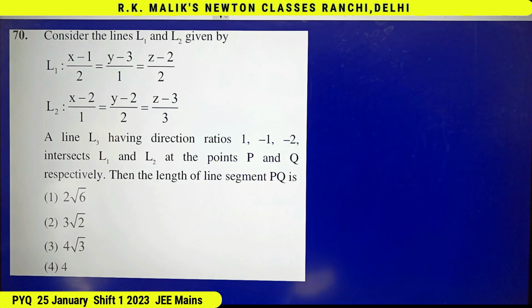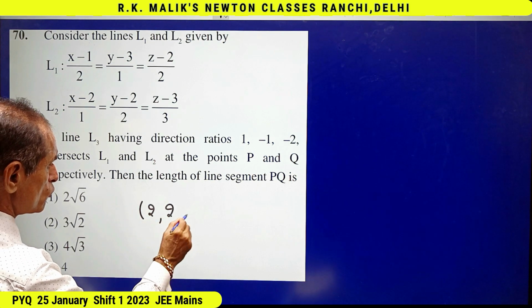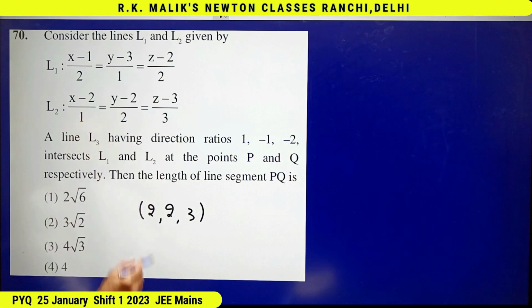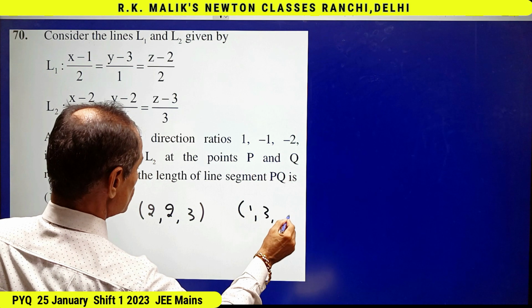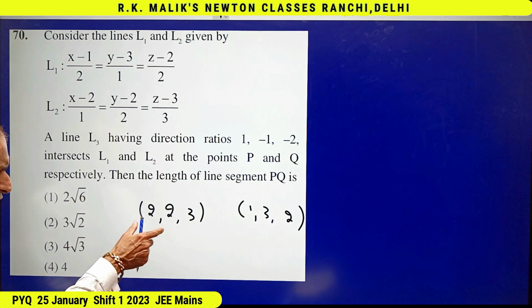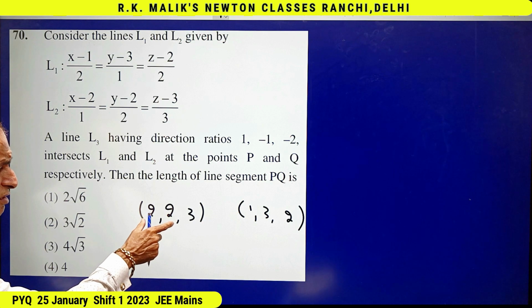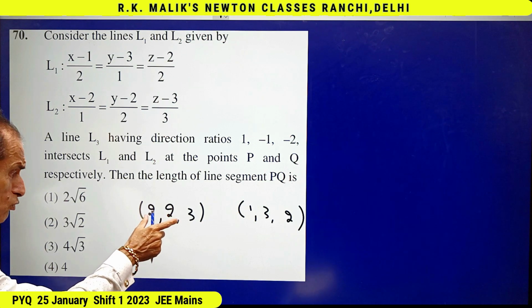Won't the solution become shorter if I shift the axis to either the point (2, 2, 3), that is this point, or to the point (1, 3, 2)? By shifting the axis the length of a line segment is not going to change, but because in this the coordinates are slightly bigger, I would like to shift the origin to this point.